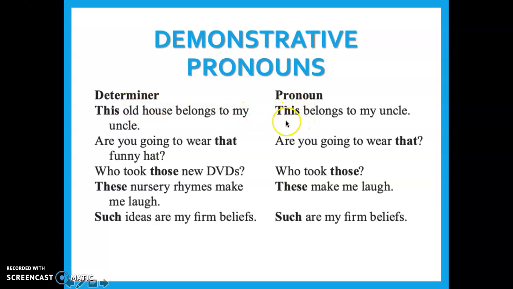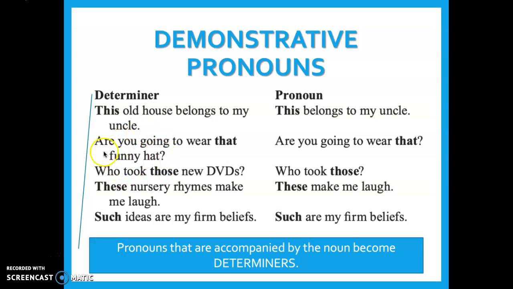So this is a pure pronoun. Why? Because this appears in place of the noun. Let's say an old house. Well, here the noun is present, right? And so this is pretty much an additional word, and that is why this is not a pronoun any longer. So this, in this case, is a determiner.